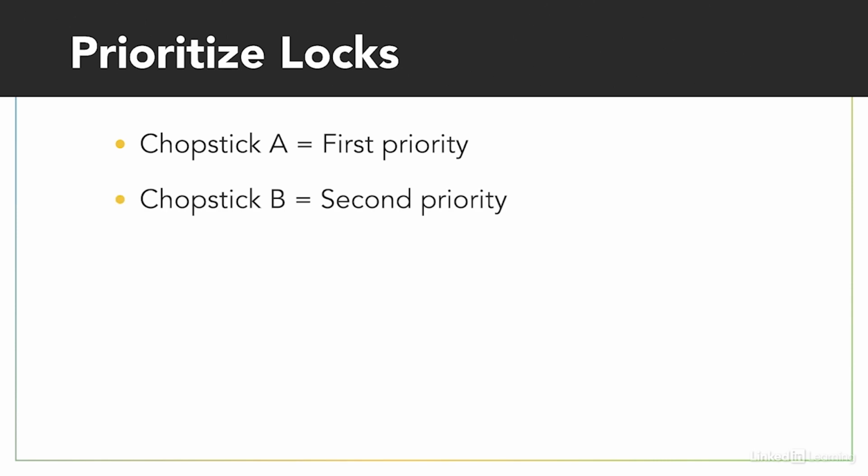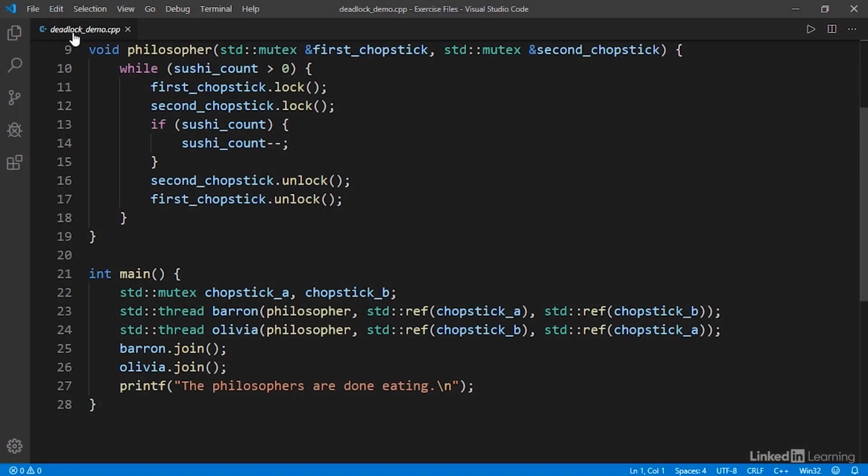Each philosopher should always take their highest priority chopstick first. I see that on line 24, Olivia takes chopstick B as her first chopstick and chopstick A as her second one, so I'll swap those around. Now both threads will acquire the two chopsticks in the same order.